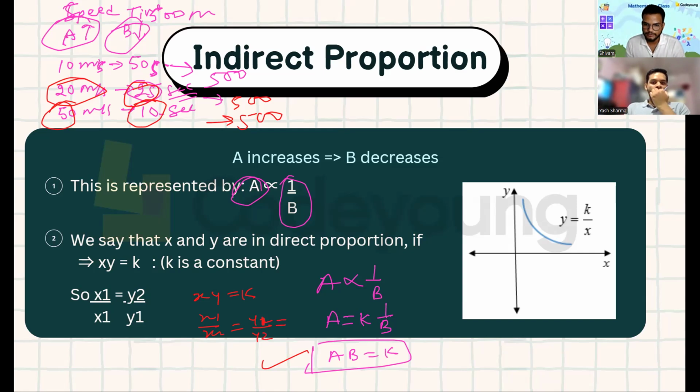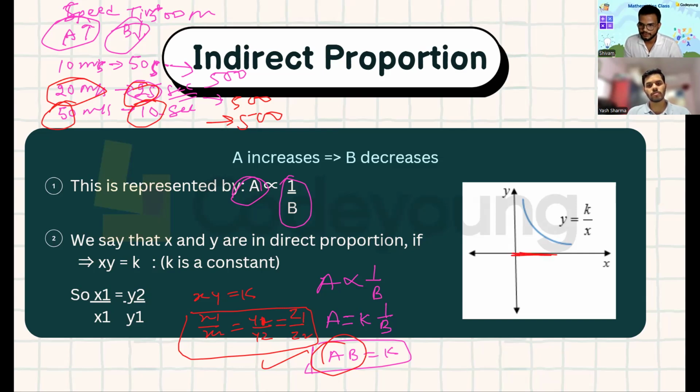Similarly, we can write z1 upon z2 for three quantities. Why are we taking x1 upon x2 in the same way? Because they are multiplied. So I think you got how indirect proportion is working. So you can see in this graph, let's say this is x.